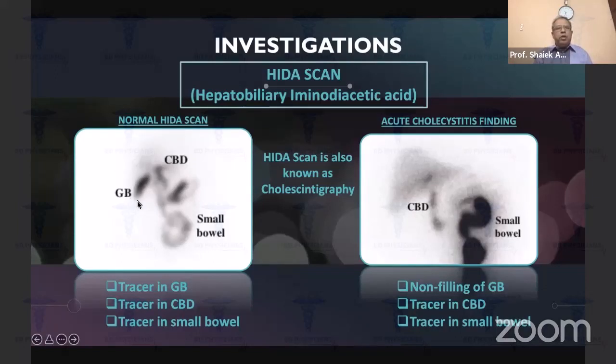The gallbladder lumen contains the radioisotope, the HIDA material, and this is the common bile duct. But here, the gallbladder is not visualized. The common bile duct is visualized. That means there is a block of the cystic duct. With the other clinical findings correlated, it is diagnosed as acute calculous cholecystitis.